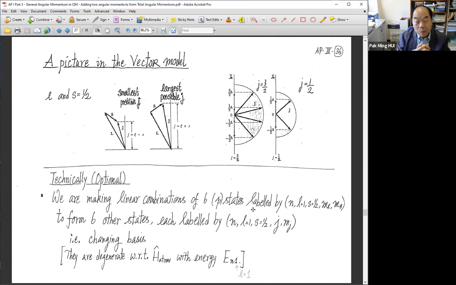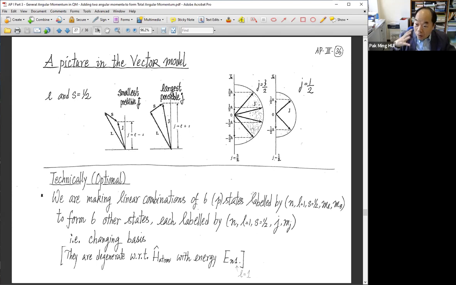So one can use a baby level of so-called vector model to think about it. But again, it is only a picture to carry with. You shouldn't take it very seriously.